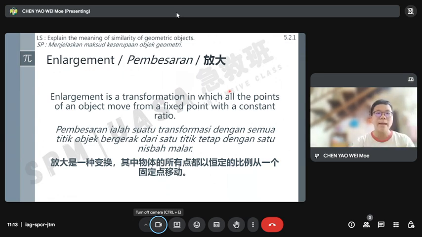Before that, the shapes have a similarity like congruency, but how do you determine that these two are similar? By using angles: if given two angles, find the third angle.